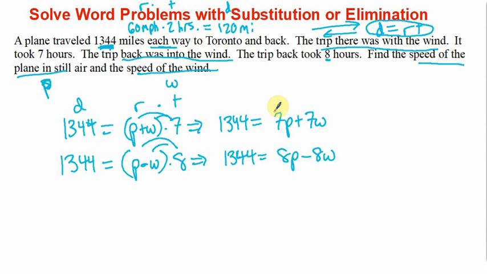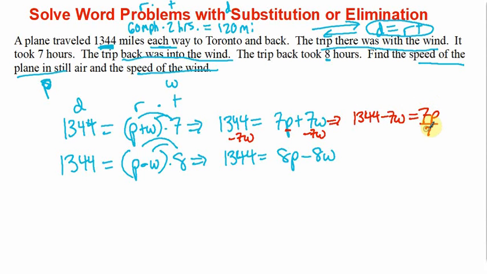Now we need to decide whether to solve by elimination or substitution. Let's just do substitution. We haven't done that in a while, so just to vary it up. It doesn't really matter. Let's substitute for P right here. We'll do that by subtracting 7W from both sides. So we get 1344 minus 7W equals 7P.